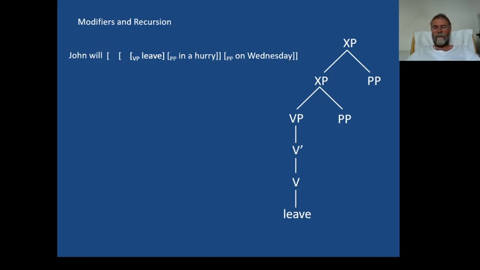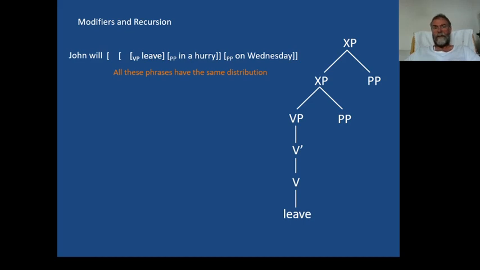Well, if you look at the way these phrases distribute, you'll notice all of them have exactly the same distribution. They all follow the inflection. Now, inflections, we know, take VP complements. In fact, they don't take anything else other than a VP complement. So the fact that it can take leave as its complement, as it did in the first place, John will leave, means that that's a VP.